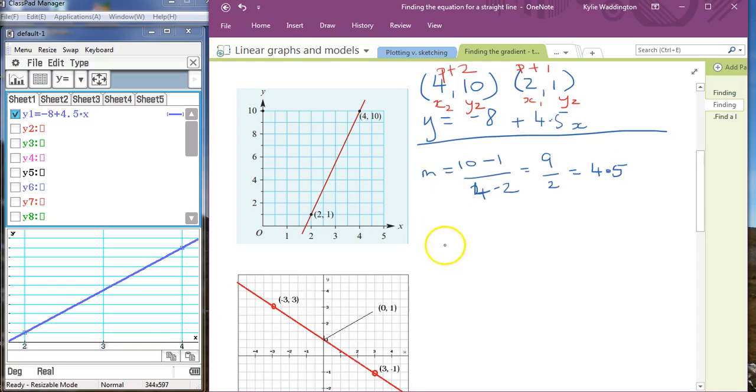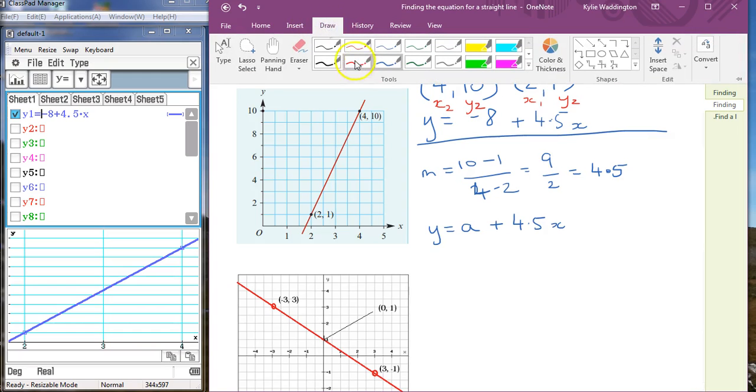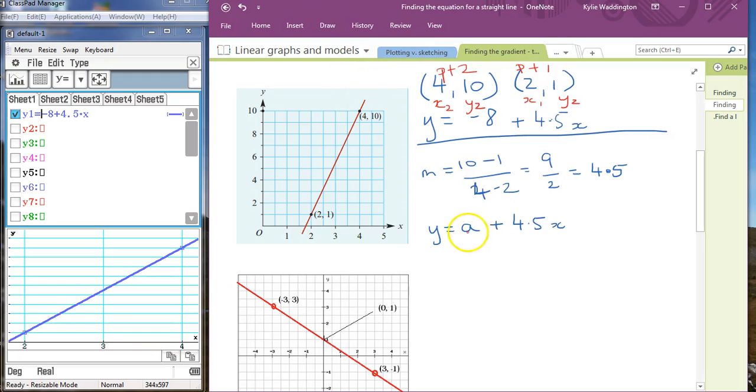That then gives us the part equation, y equals a, we don't know what our y-intercept is yet, plus 4.5. To find a, we're going to substitute one of the points into the equation. So I'm going to put in 1 and 2.